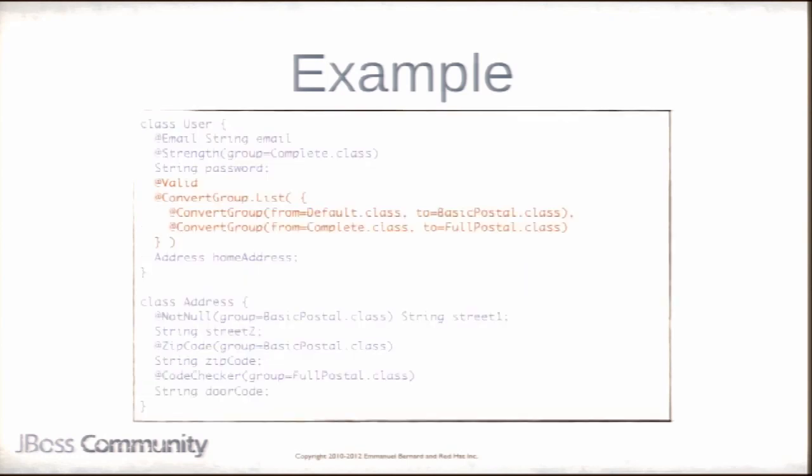So the way to solve the problem is to use the group conversion thing I was talking about before. Here I'm saying, you know what, when you validate the default group, which is the specification default group, go and validate the basic postal group for the address object. But when you validate the complete group, which is a group specific to user, then I'm going to go and validate the full postal group here. So it makes it much easier to reuse the address object in many different contexts without having to leak this kind of group information all over the place.